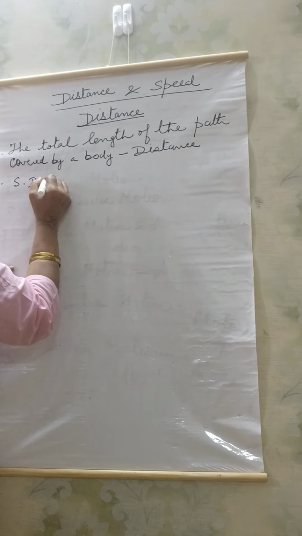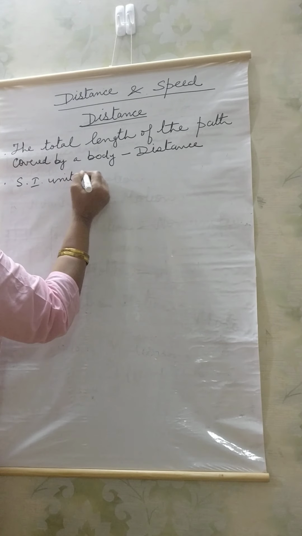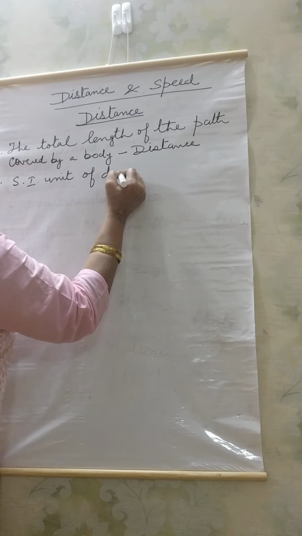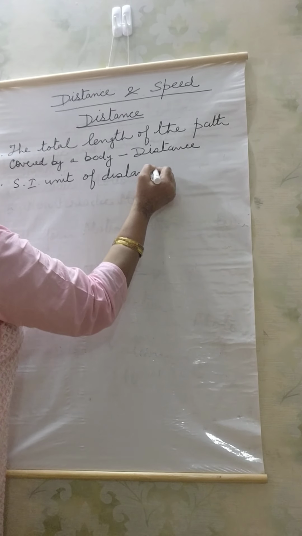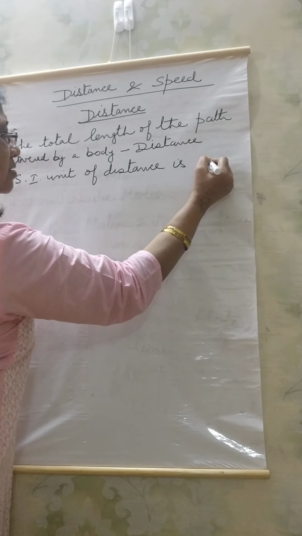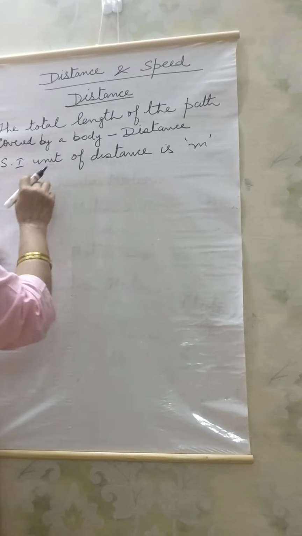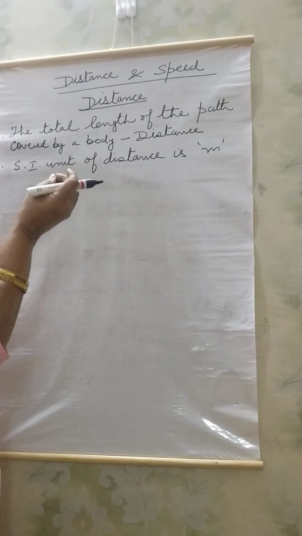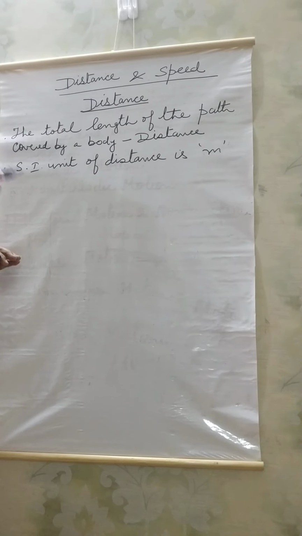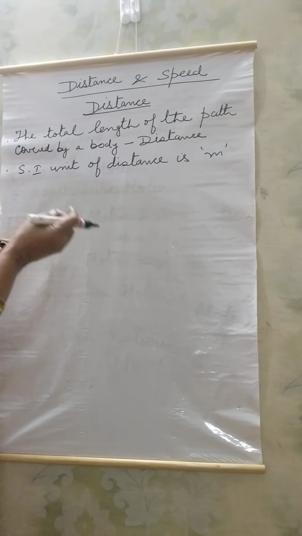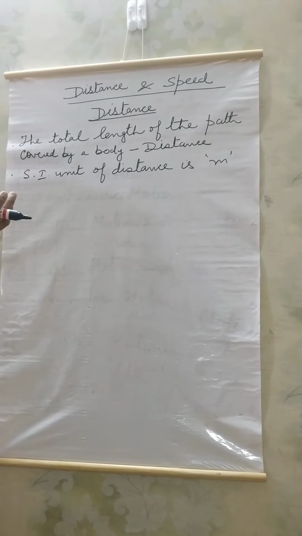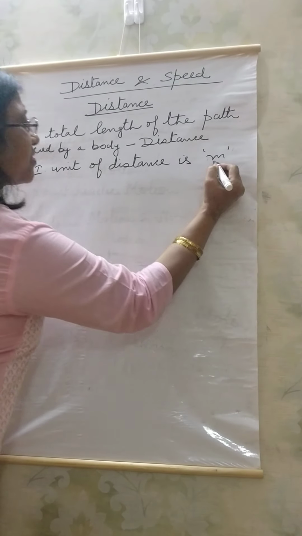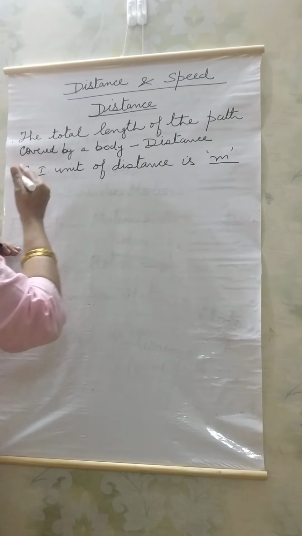The SI unit of distance is meter. Distance can be measured in other units also, depending upon whether it is a smaller distance or a larger distance: meter, centimeter, kilometer, it can be different units. But the SI unit is meter.